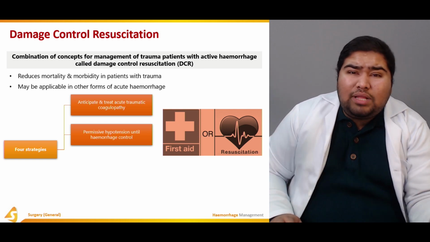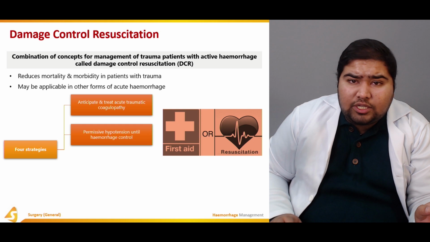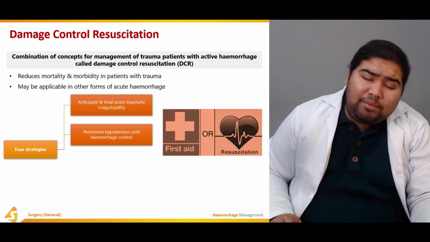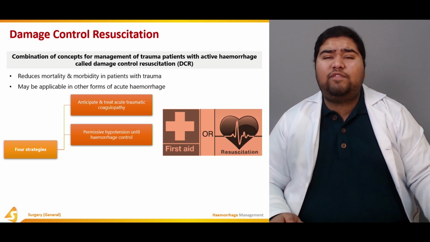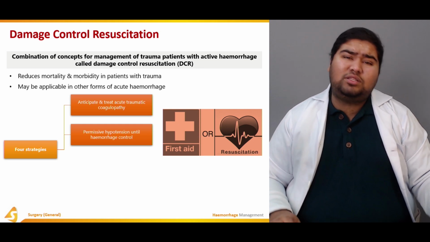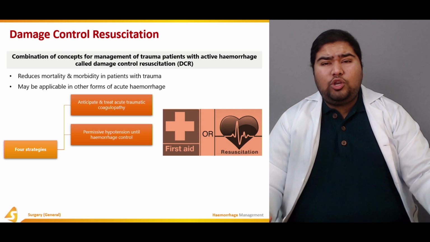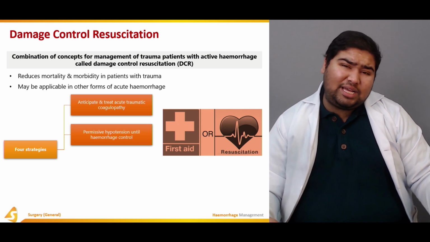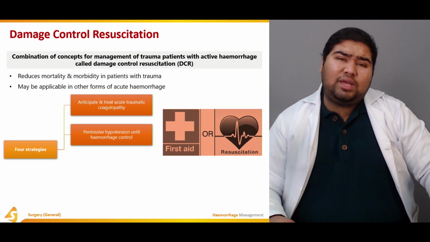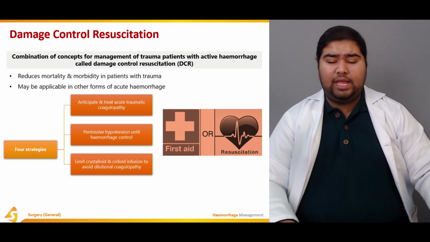So you allow the hypotension to develop in your patient until your hemorrhage has been controlled. So you do not go for the dilutional effect on the coagulation factors. You allow hypothermia to set in for the time so that you can control the hemorrhage.